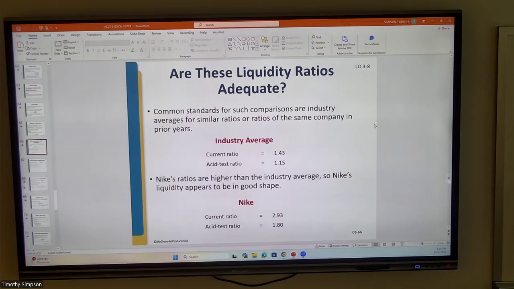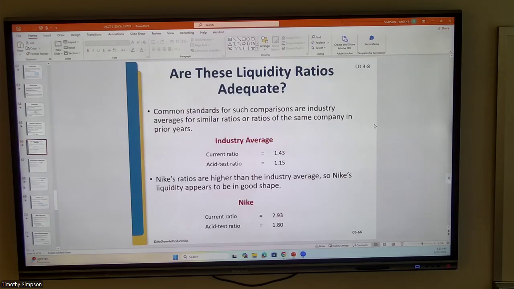Maybe they should do something else with cash, maybe invest in research. So in general, you've got to take this with a grain of salt. Yes, higher the better. Because what's the alternative? Being low is not good either, because you've got a problem in the sense that you've got to somehow raise cash in order to pay those current obligations. And so these have to be taken with a grain of salt.